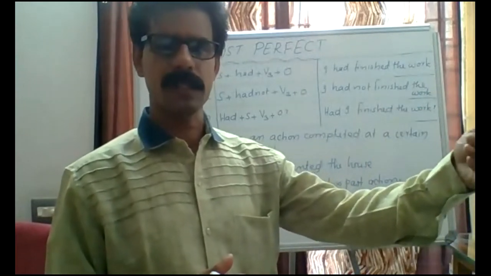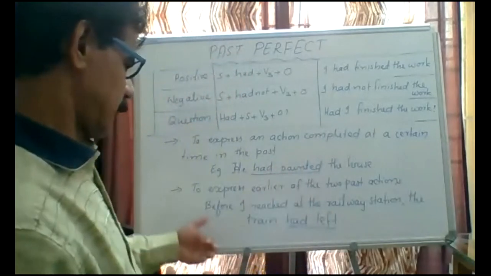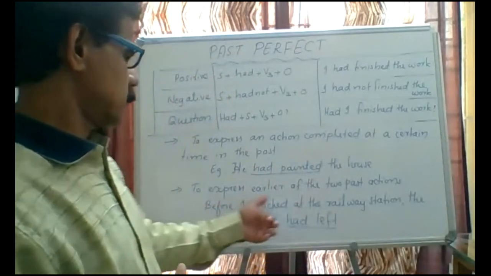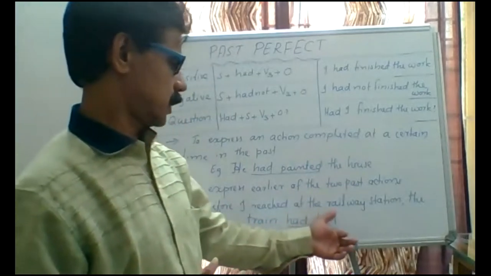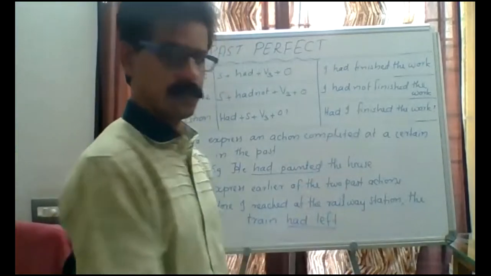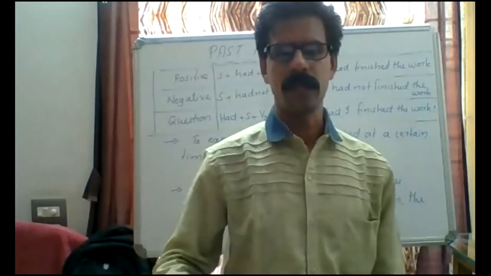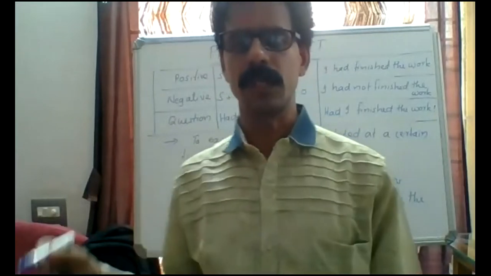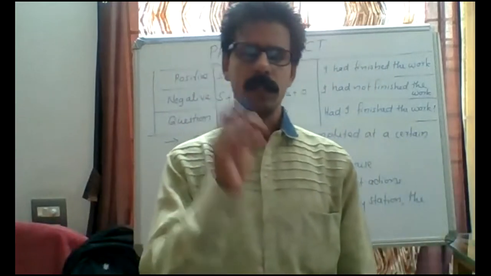And to express the earlier of two past actions: before I reached the station, the train had left. I told you, the action completed first is expressed in the past perfect, and the other action is in the simple past. So this is the use of past perfect.